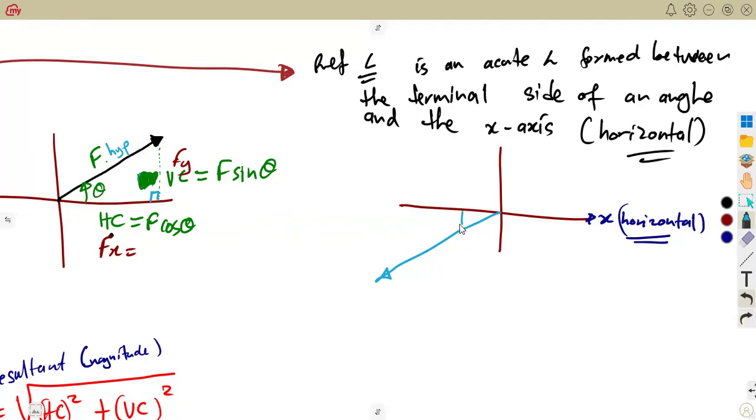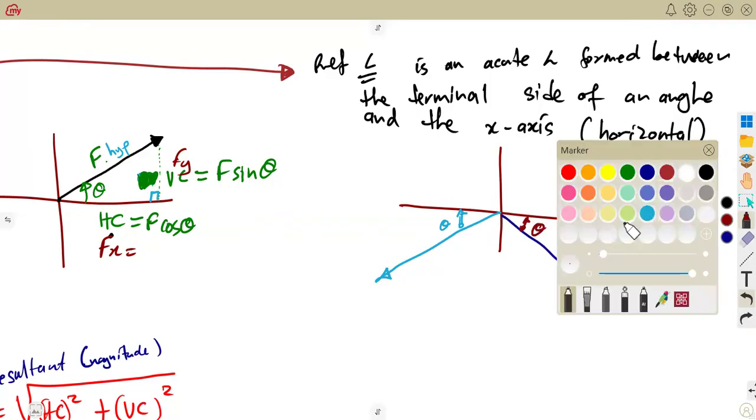This is our theta, which is our reference angle. If it was in this quadrant, it was going to be like this: the reference angle between the force that you're having and the x-axis, the horizontal. This is our reference angle.